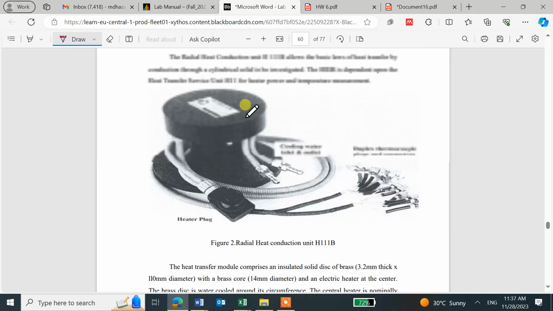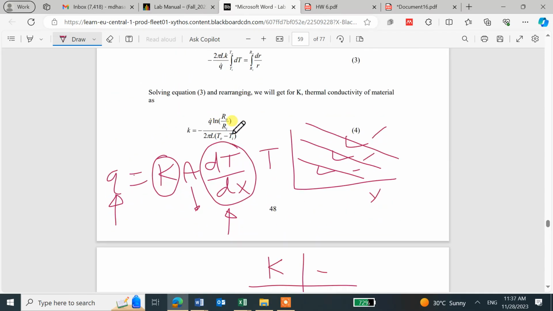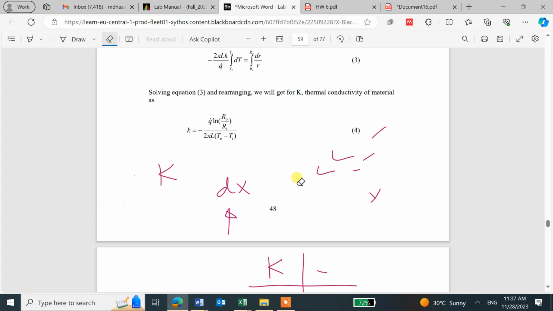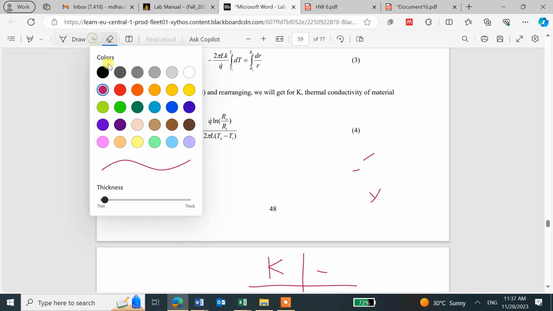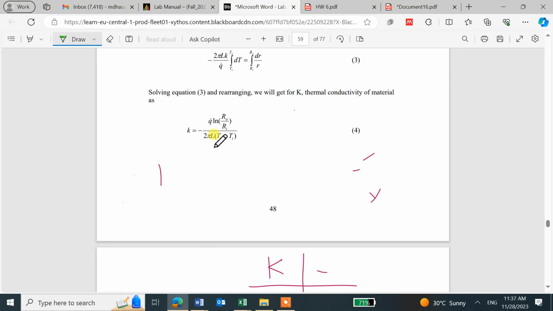You can see the profile T. If we say this is T inner, this is T outer, this is T versus R. So the relation is that T is proportional to ln R. So this is a logarithmic profile. If we plot T versus ln R, then that is a linear equation.